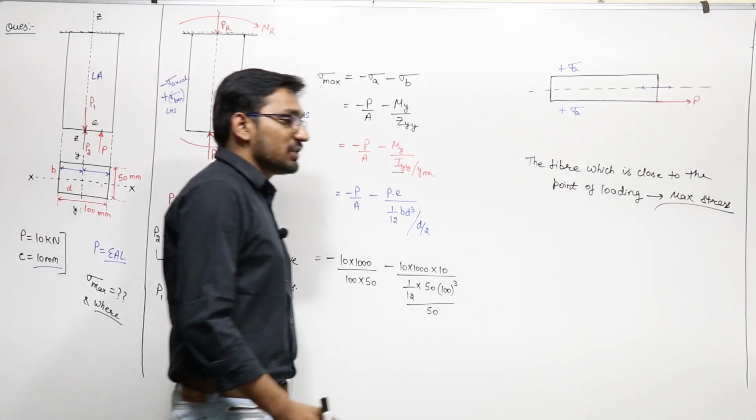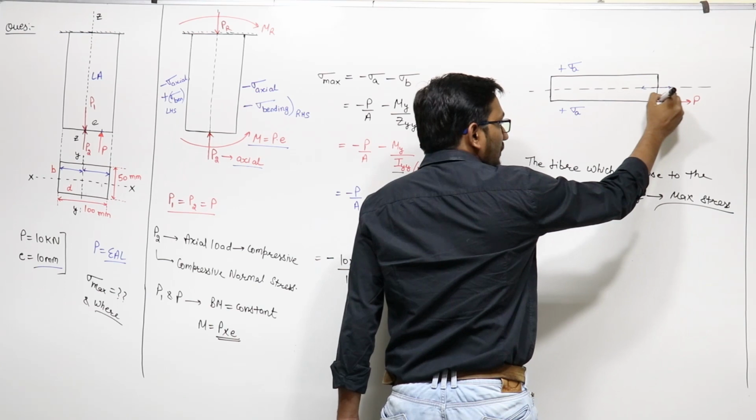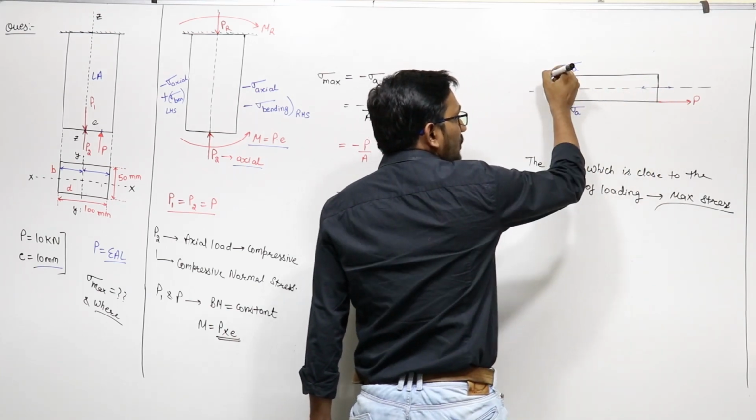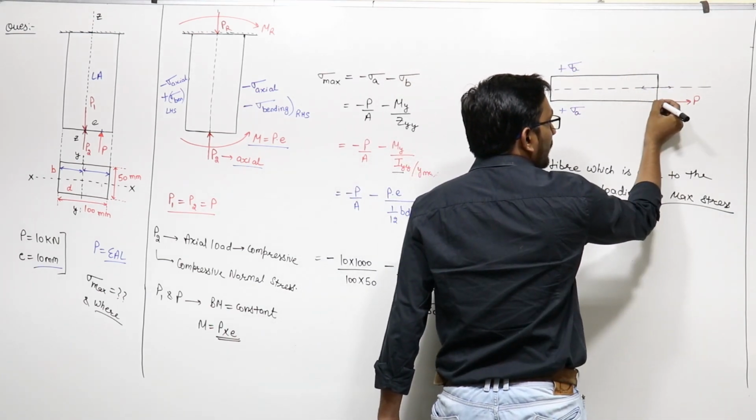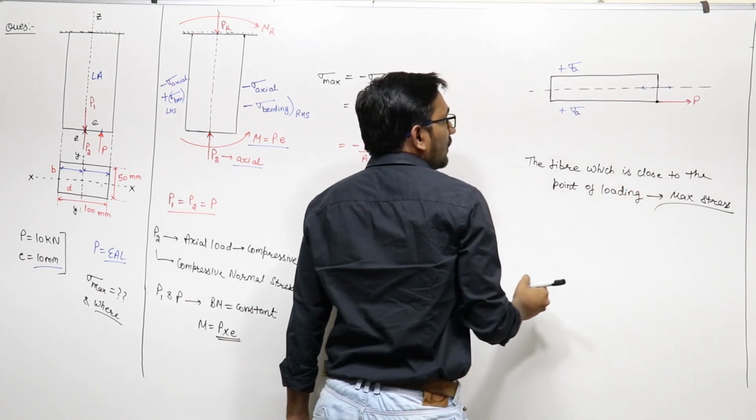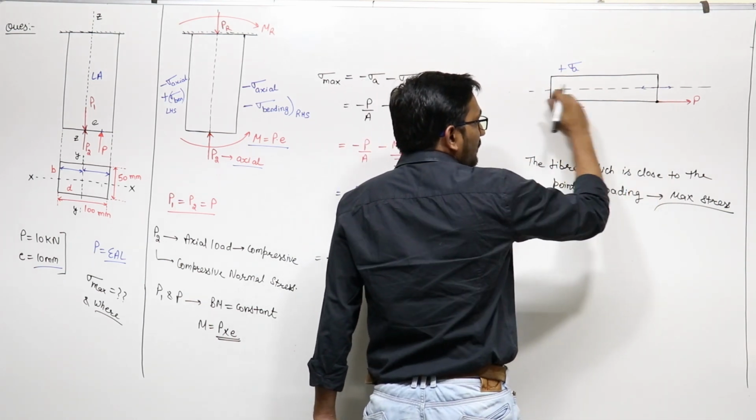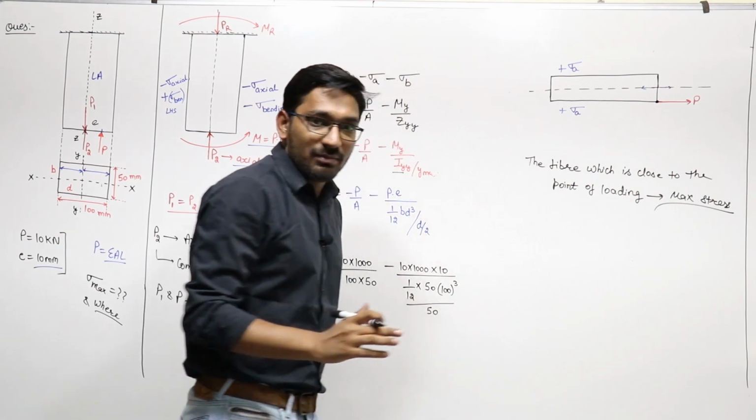The fiber close to this P is the bottom fiber, and the top fiber is far from this point of loading. So at this bottom fiber the stress would be maximum.